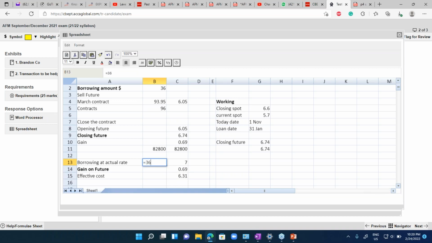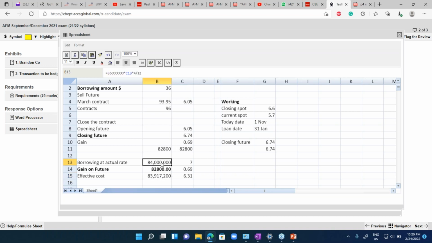Loan amount is 36 million into interest rate 7% into 4 by 12. This is the absolute amount, and then the net amount.